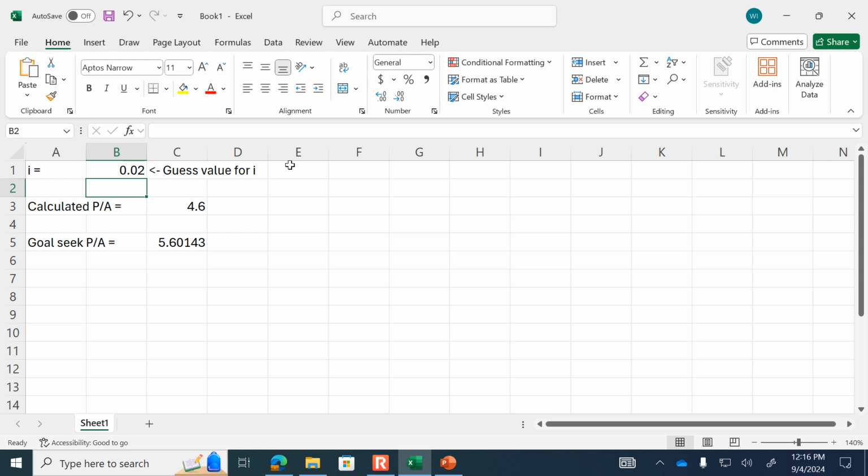It's telling me 5.60. Is that closer to the goal of 4.6? Yeah, we're headed in the right direction. So let me try 0.03. For 0.03, it's giving me a ratio of 5.42. All right, 0.04, getting closer, 5.24.